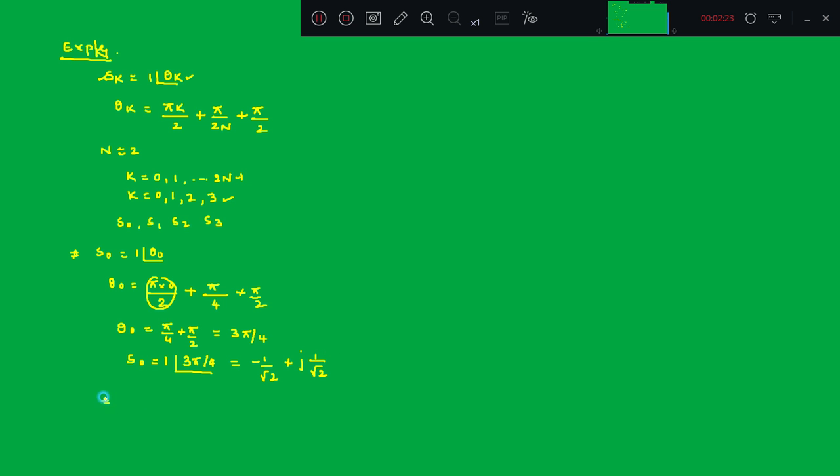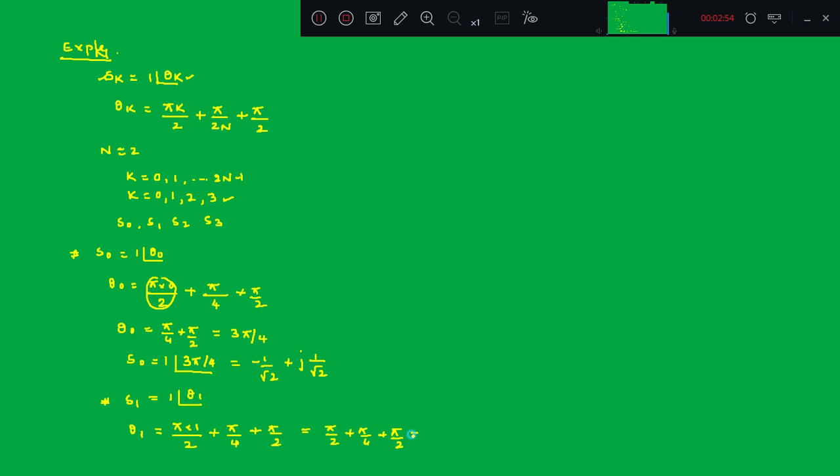Similarly, how to calculate S1? By substituting k is equal to 1, so that is 1 with angle theta 1, and theta 1 is pi into k, that is 1, divided by 2 plus pi divided by 4 plus pi divided by 2. So this is equal to pi by 2 plus pi by 4 plus pi by 2.